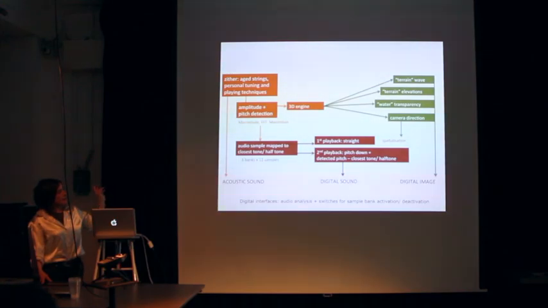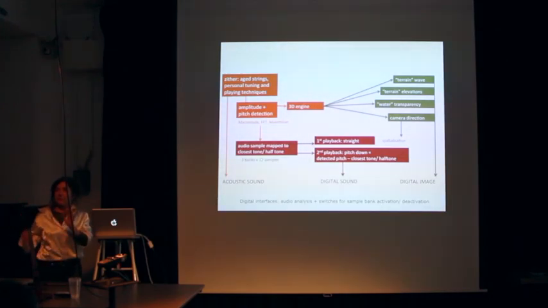And it plays that sample twice. The second time, the sample is pitched down by a value equivalent to the difference between the detected pitch and the closest tone, half tone. So this, of course, creates a kind of chromatic shifts.